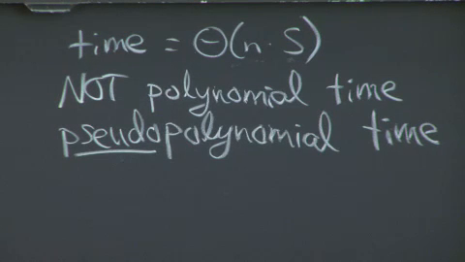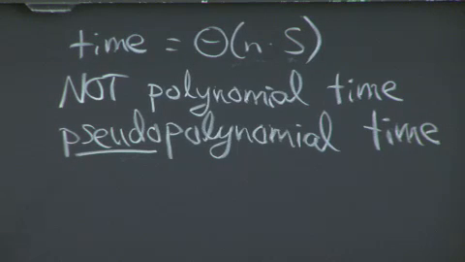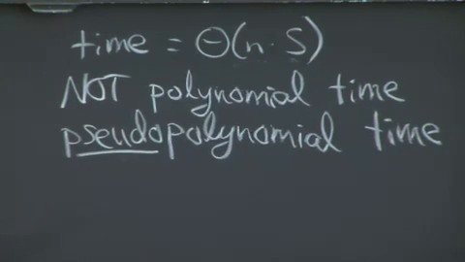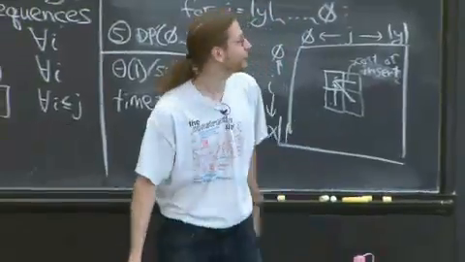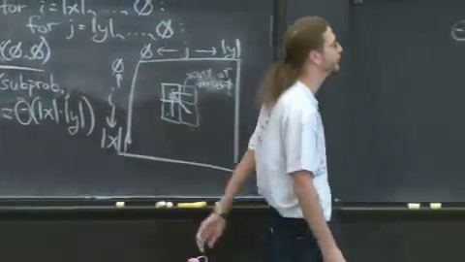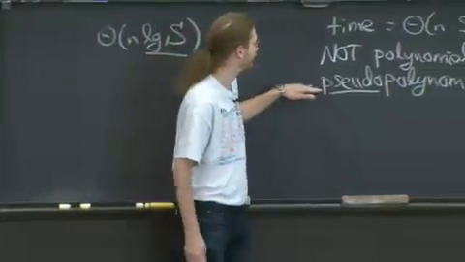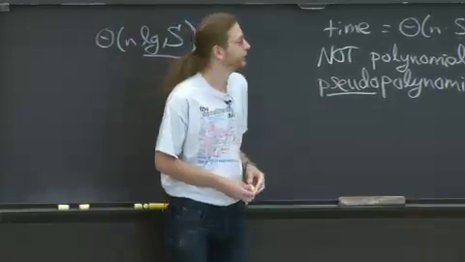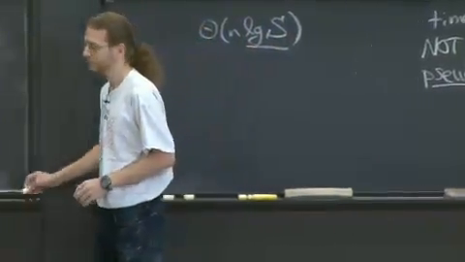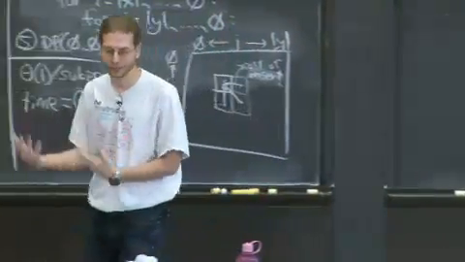So it's kind of in between polynomial and exponential, you might say. Polynomial good, exponential bad, pseudo-polynomial, it's all right. Okay? That's the lesson. And for knapsack, this is the best we can do. As we'll talk about later, pseudo-polynomial is really the best you could hope for. So sometimes that's as good as you can do, and dynamic programming lets you do it.